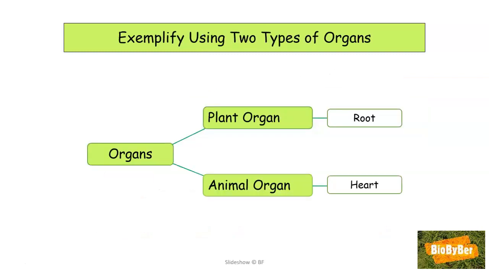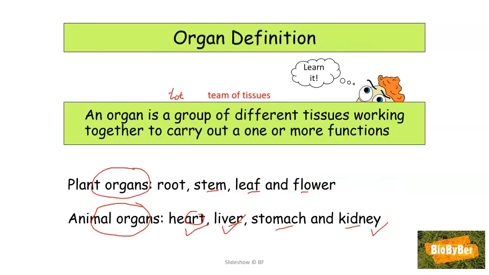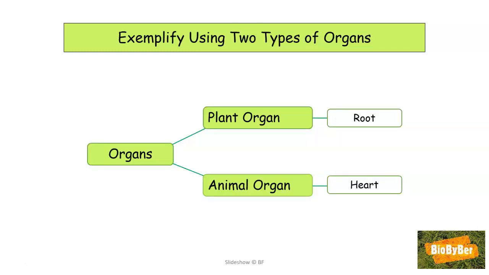So now, we have to exemplify this definition of organ, that it is a group of different tissues working together to carry out one or more functions, using two types of organs to explain the definition.